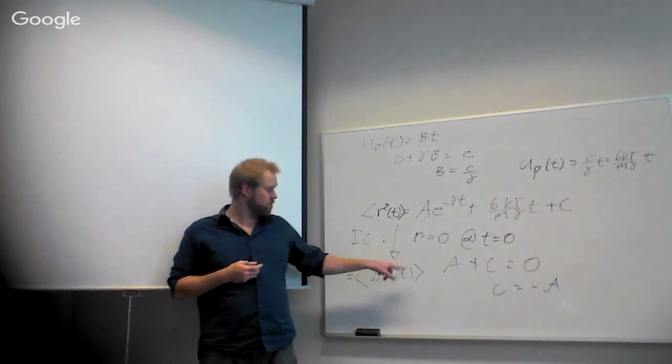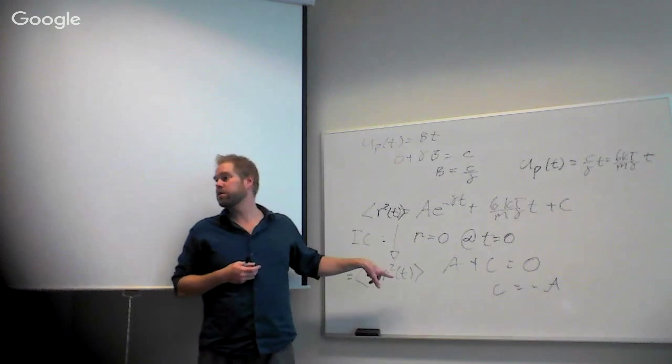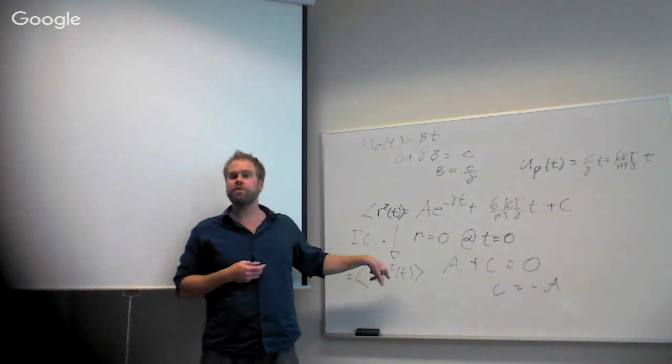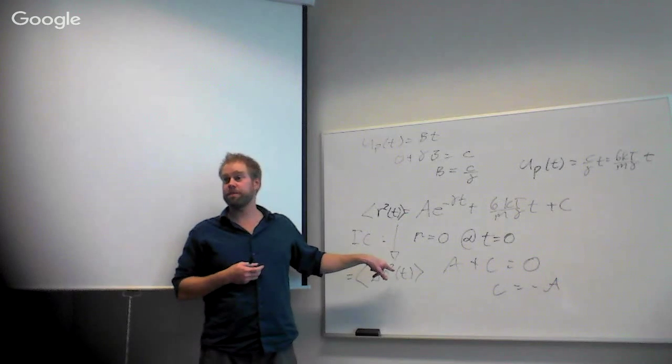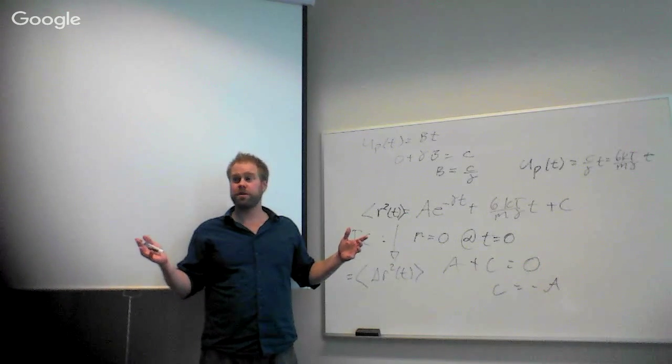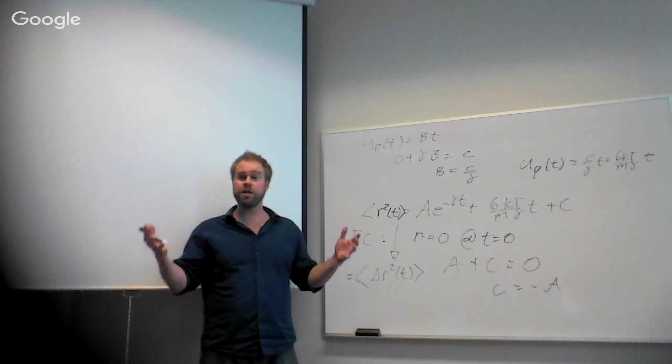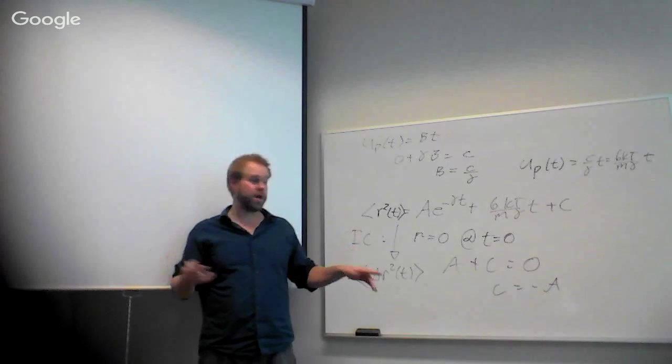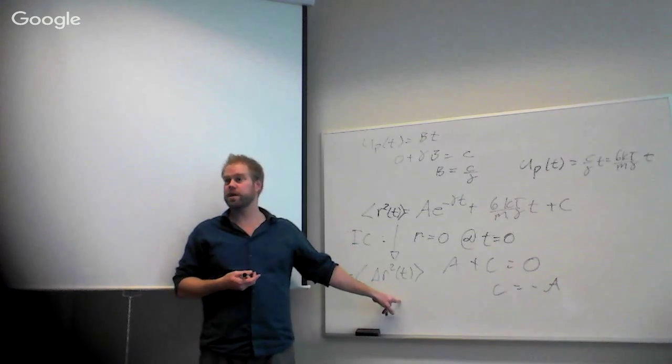This quantity here is very special. It kind of is to diffusion what the position is to ballistic motion. This is called the mean square displacement. The mean displacement is 0. It's pretty trivial in diffusion. But the mean square displacement is not, and that's what this delta R squared is.